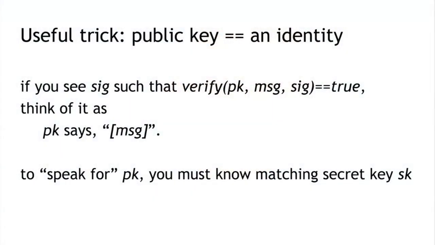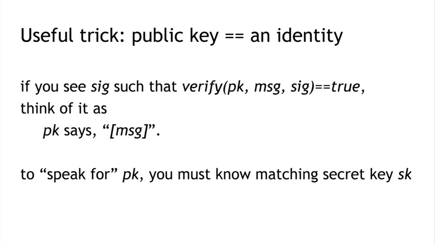The useful trick is this. The idea is to take a public key, one of those public verification keys from a digital signature scheme, and equate that to an identity, that is, an identity of a person or an actor in a system. So if you see a signature that you can verify with someone's public key as a signature on a particular message, then you can think of that as that public key saying the message.